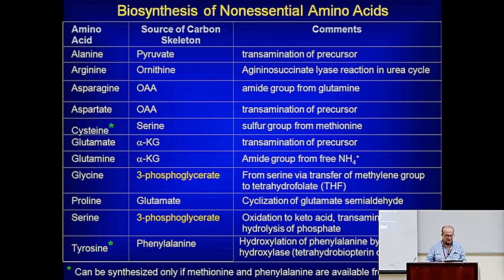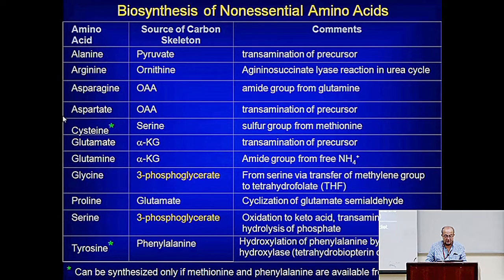So for example, you make alanine through transamination of pyruvate. ALT is a reversible enzyme, so you can start with glutamate and pyruvate and end up with alanine and alpha-ketoglutarate. This is very important. Transamination reactions are always reversible.